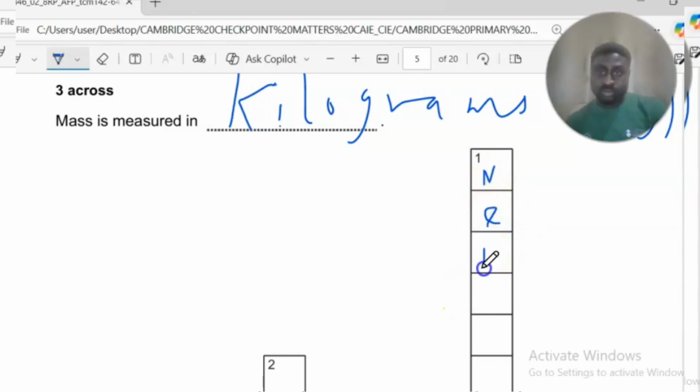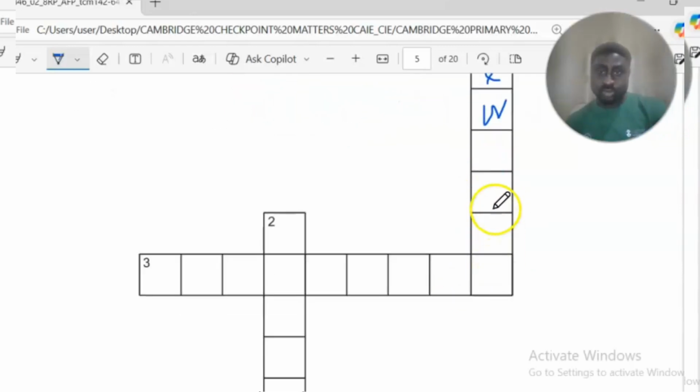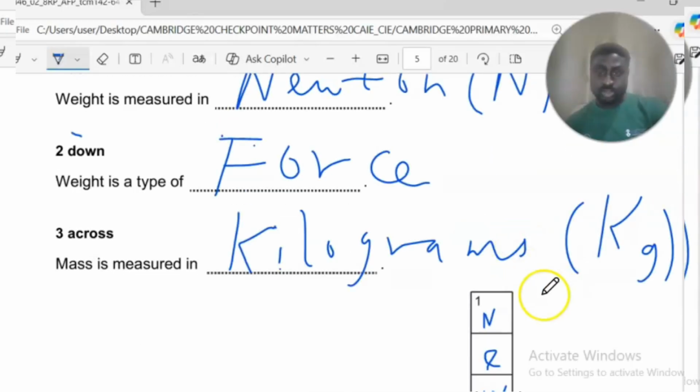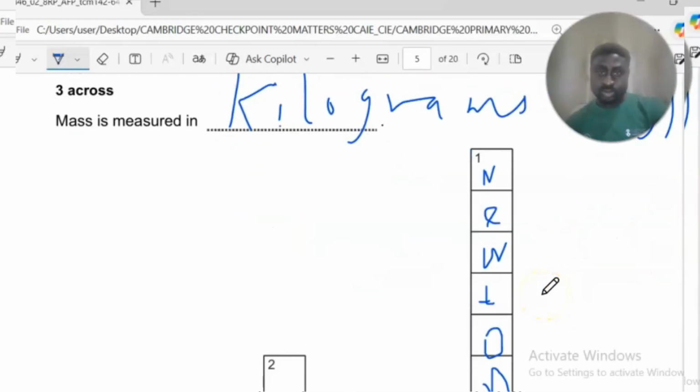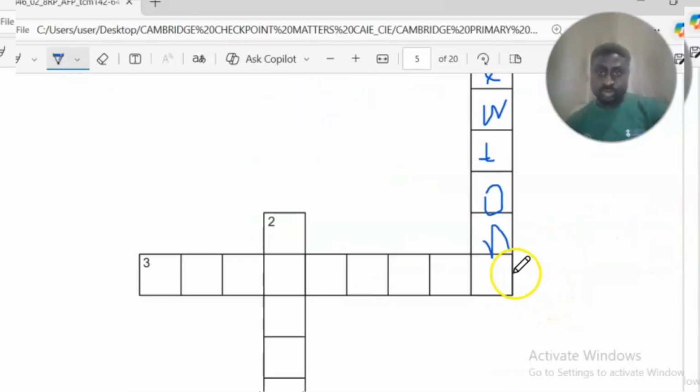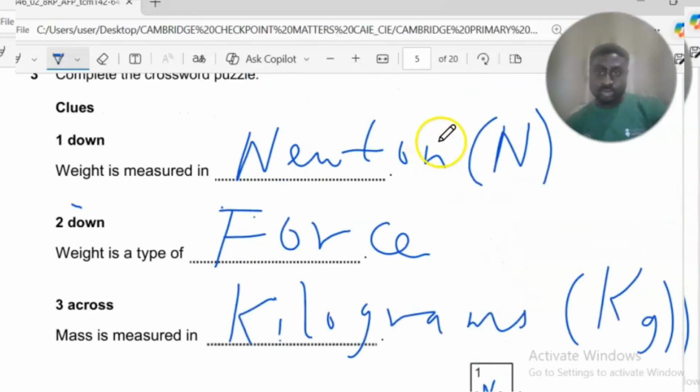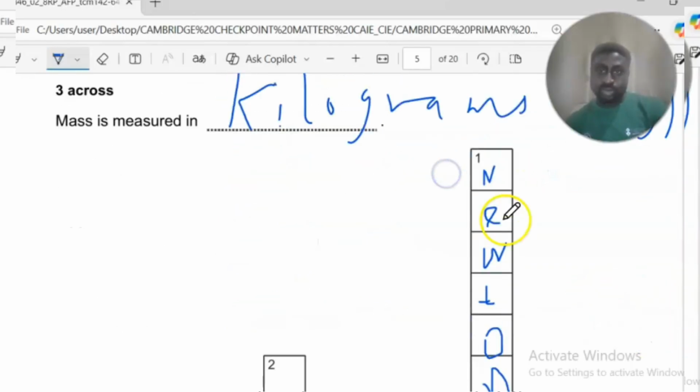N, E, W, C, O, N. Newton. You can also put it in plural form, newtons.